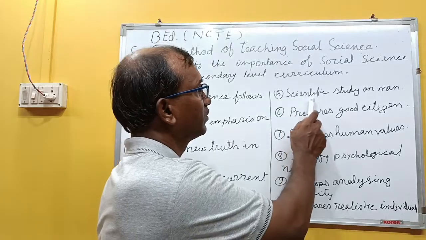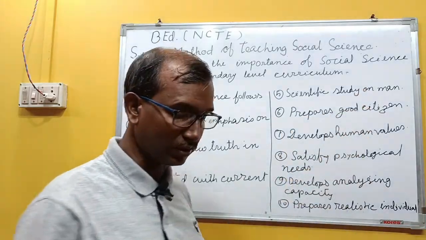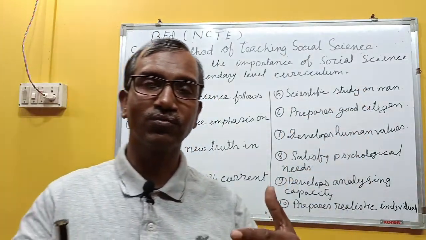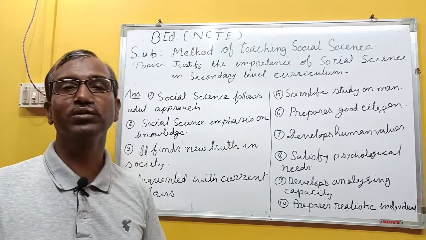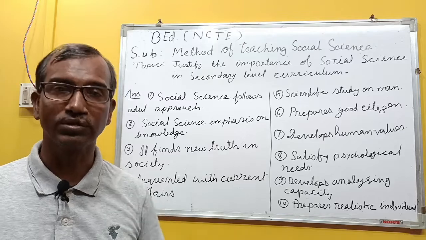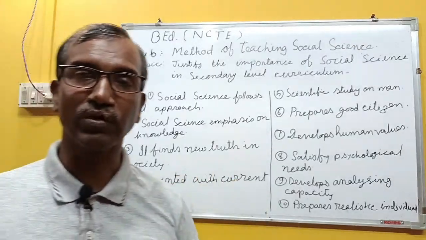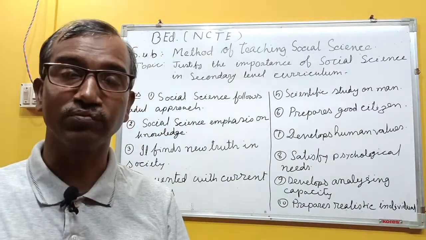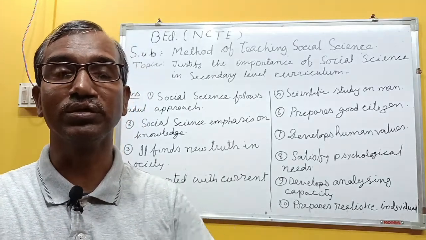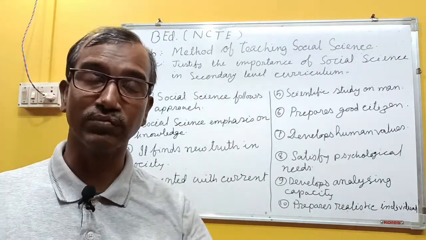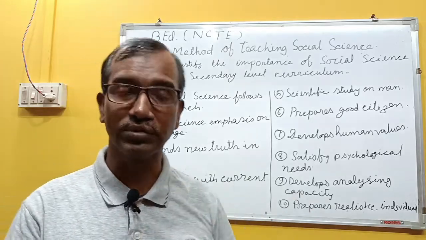Number 5, scientific study on man. Scientific study on man is a very important concept in social science. Man's power, use of power, misuse of power, all are included in social science, in the part of history.